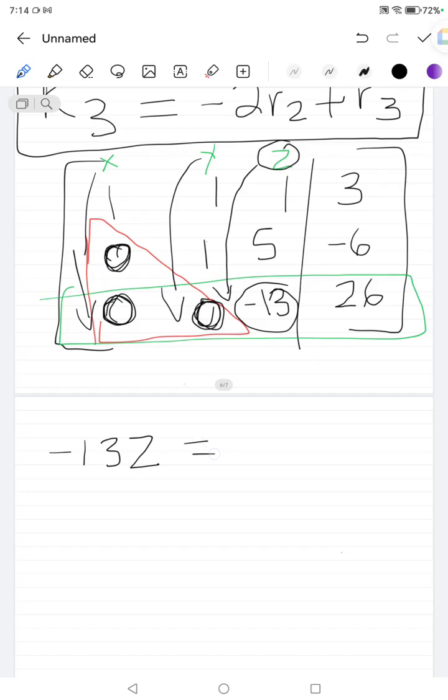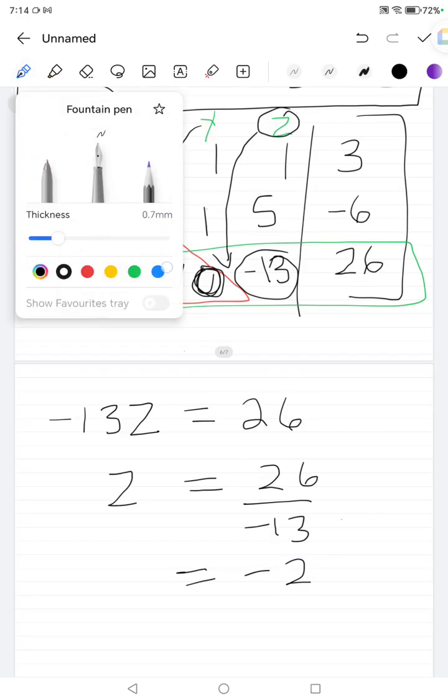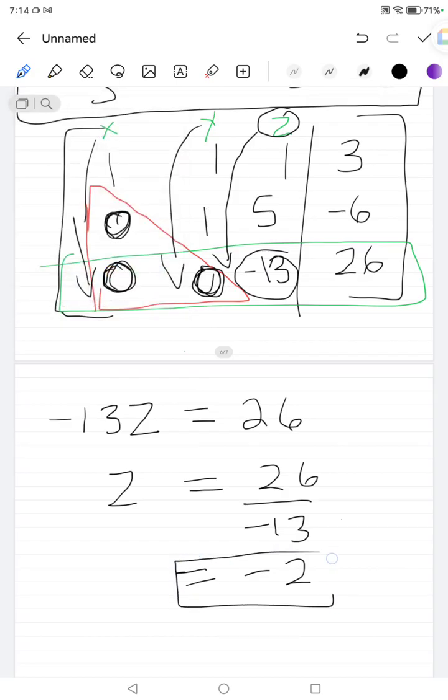Then this would be equal to your 26. This means your z is going to be 26 divided by minus 13. Then 13 goes into 26 two times. This would be equal to minus 2, which means now we've already worked out the first value for z.